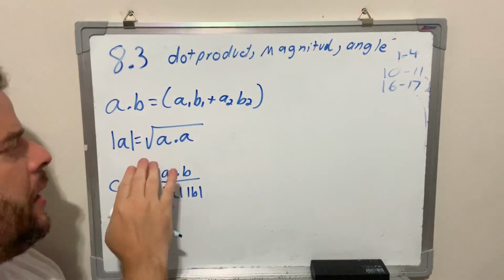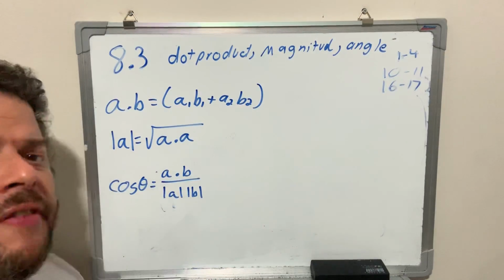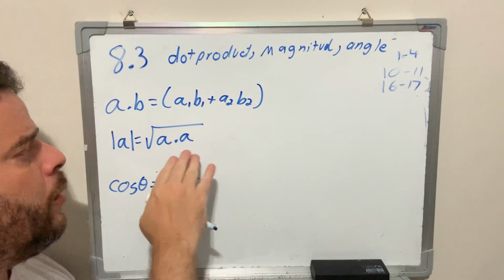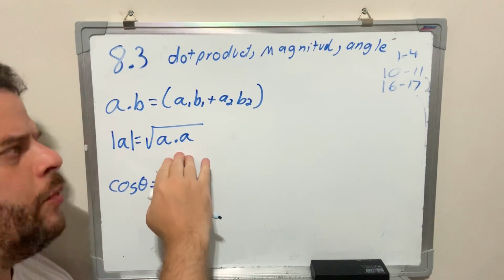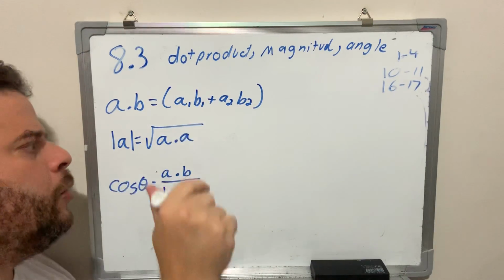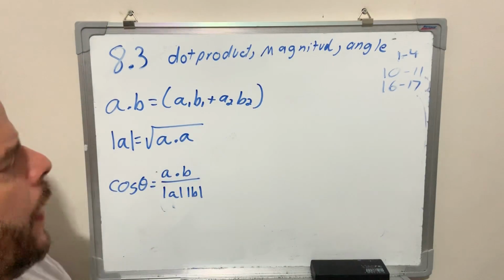Now, we're going to calculate the magnitude of a vector. We actually use dot product, but only with a single vector. So we're kind of like multiplying that vector times itself and then doing the square root of it.